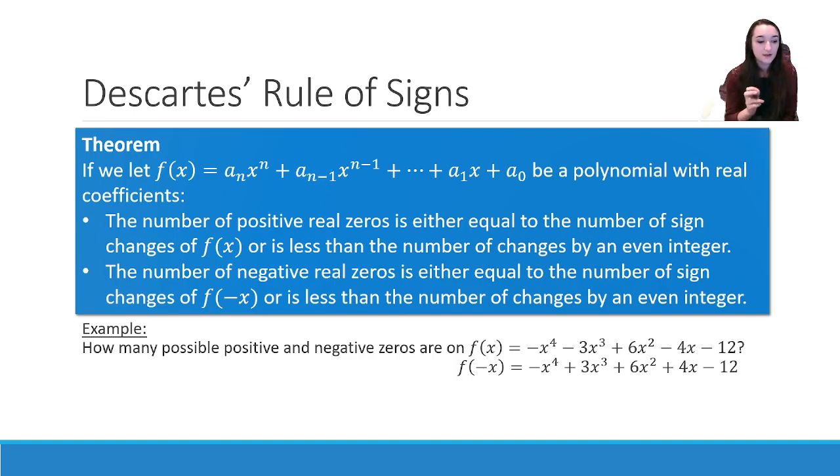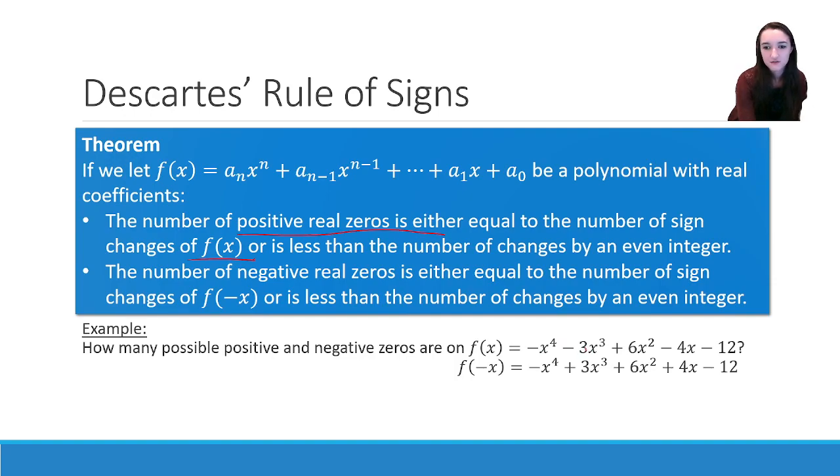And I don't mean the fact that we change signs between the negative 3x cubed and the positive 3x cubed. That's not what we're dealing with, because the number of possible positive real zeros is the number of sign changes in f of x. In other words, we start with negative x to the fourth, and then we move on to negative 3x cubed. Those are the same sign.